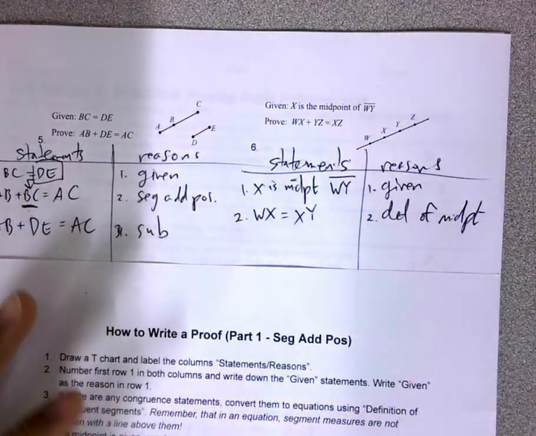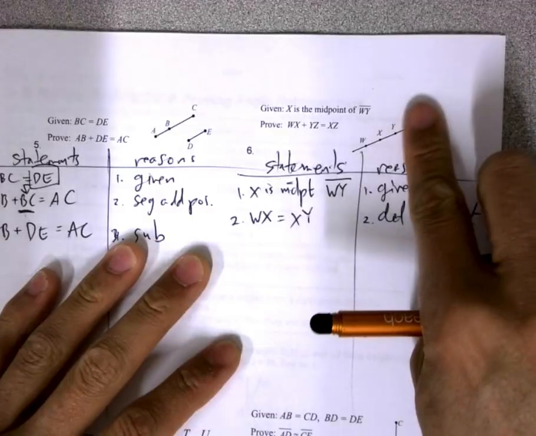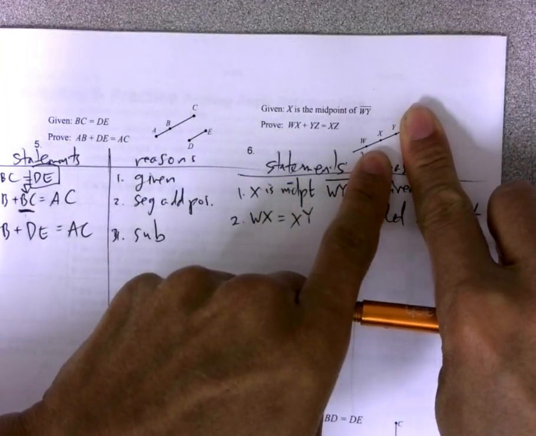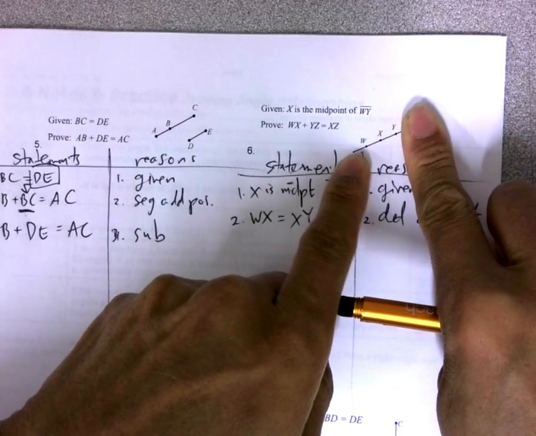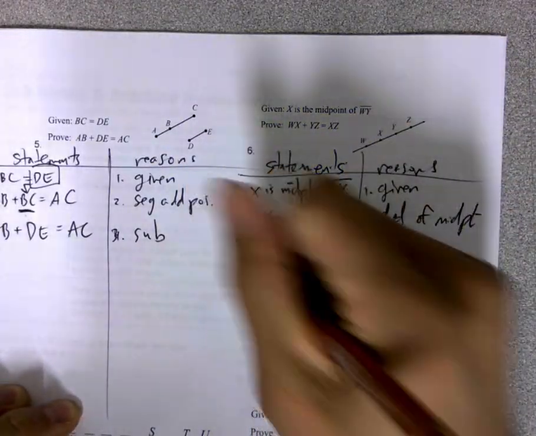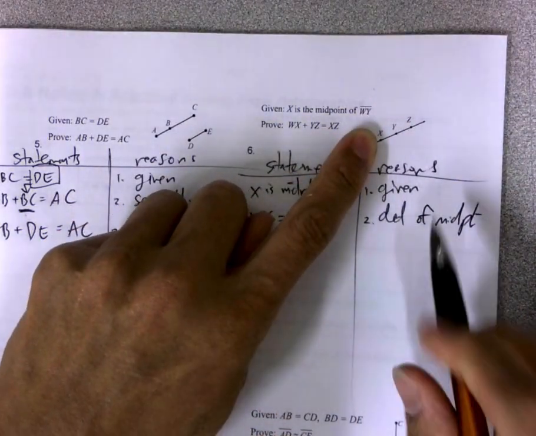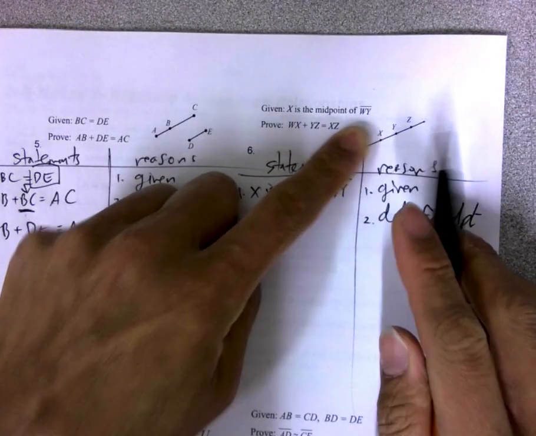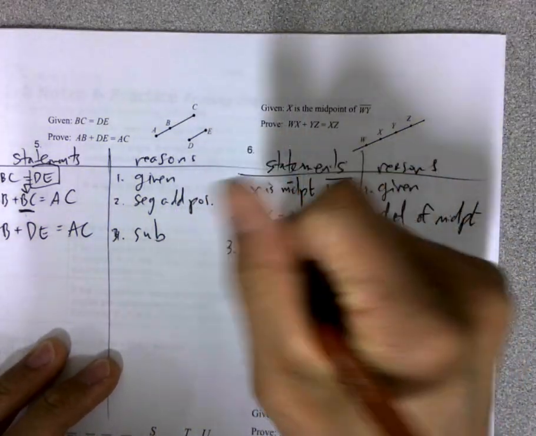Okay, so that's what we're going to do here. I'm going to go ahead and create an equation with the first 3 points, namely measure WX plus measure XY is equal to measure WY. And then I'm going to do it again over here. Right, make another equation. Measure XY plus measure YZ is equal to measure XZ. So let's go ahead and do that.